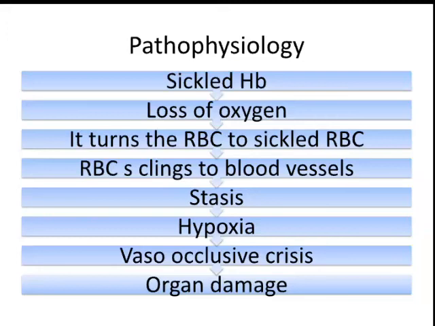These sickled RBCs will cling to the blood vessels and block them, causing stasis. When there is stasis, there is decreased oxygen supply to the tissue, causing hypoxia and vaso-occlusive crisis where the blood vessels block, and a lot of other problems come, and there is a possibility of organ damage also. So this is the pathophysiology.